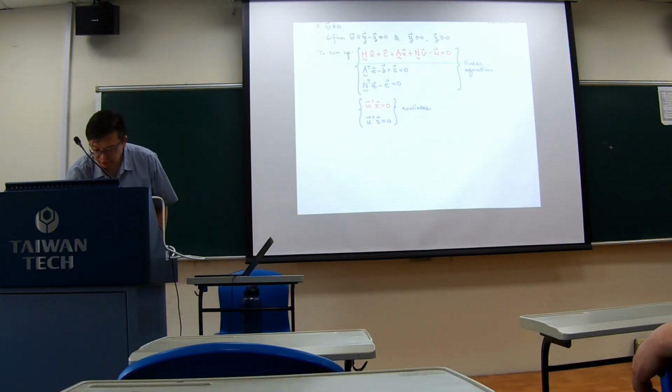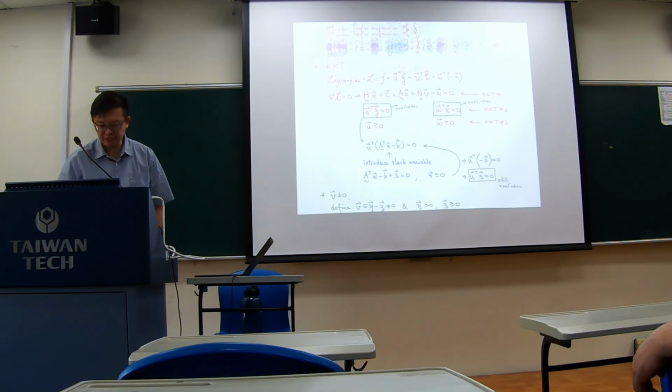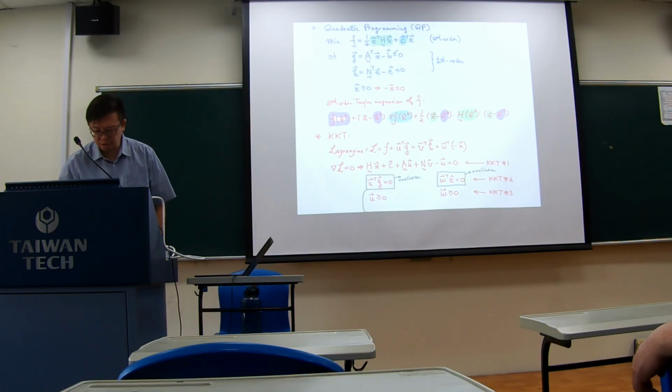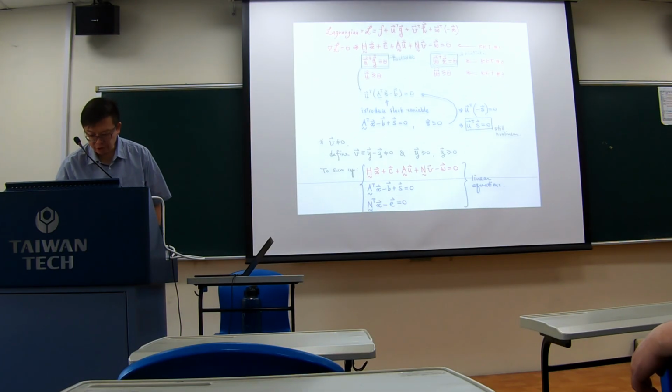And also we have many variables. So let's take a look at all the variables that we have. We have x, right? At the beginning. Then we have Lagrange multipliers. We have u.